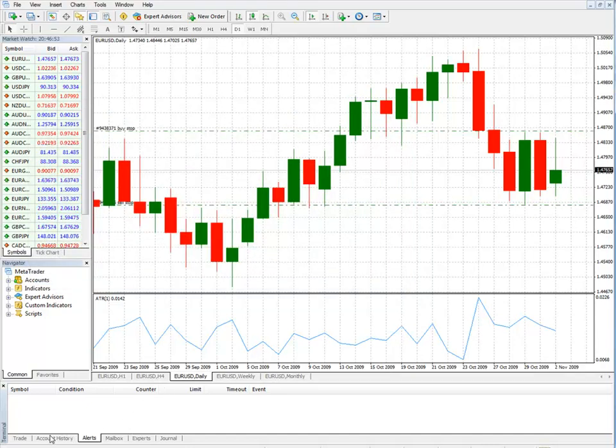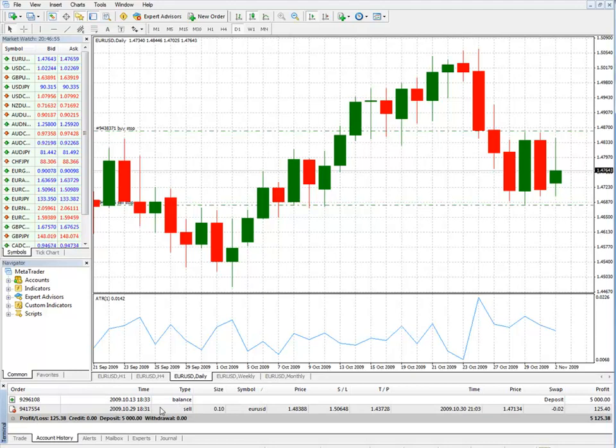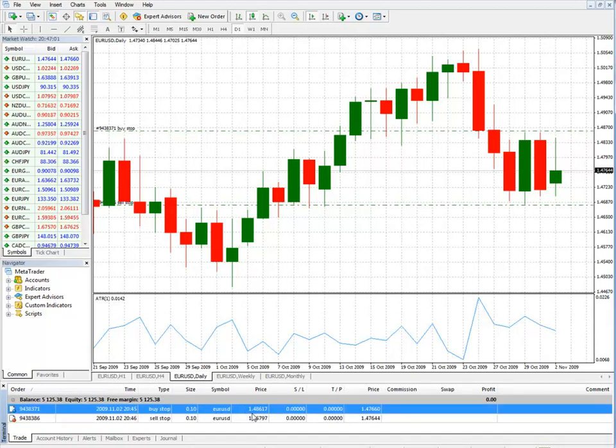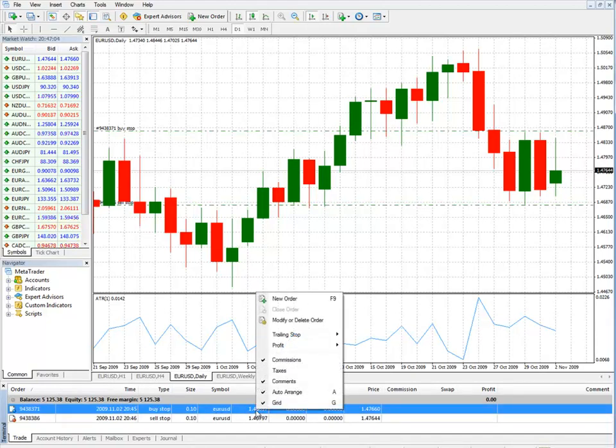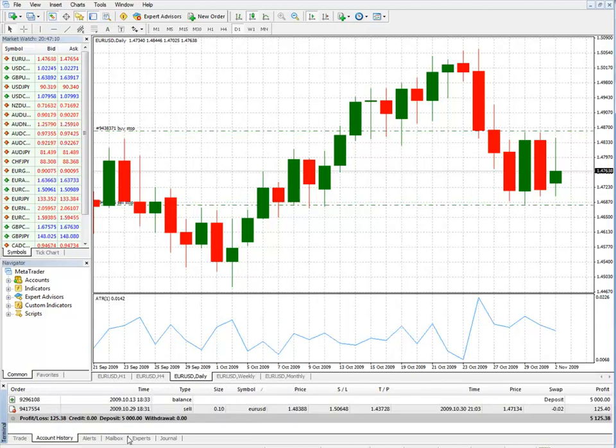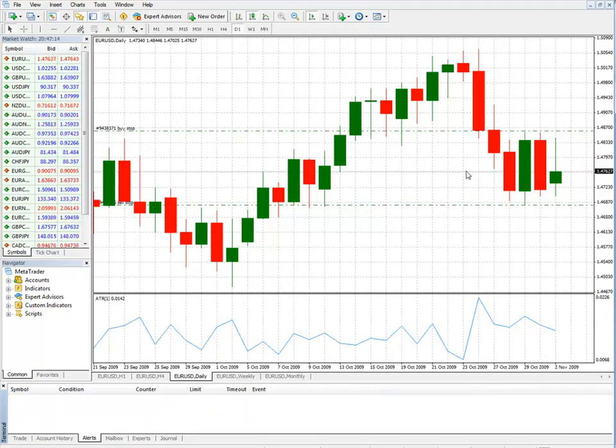Not sure if they'll let us go through here, because I'd like to label the buy stop. Okay, no, that's fine. Okay, there we are. We've got both trades in place. Sell stop here, buy stop there.